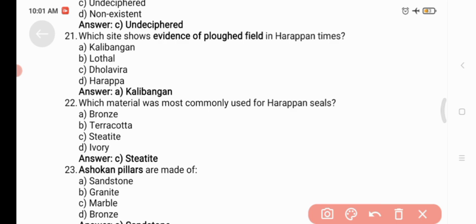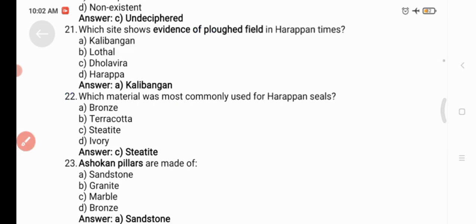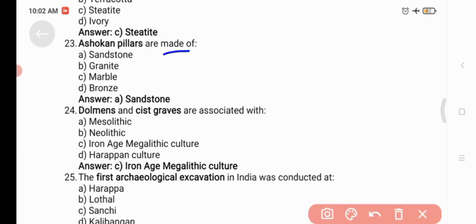Which site shows evidence of a ploughed field in Harappan times? Option A, Kalibangan. Which material was most commonly used for Harappan seals? Option C, steatite. Ashokan pillars are made of option A, sandstone. Dolmens and cist graves are associated with option C, Iron Age megalithic culture.